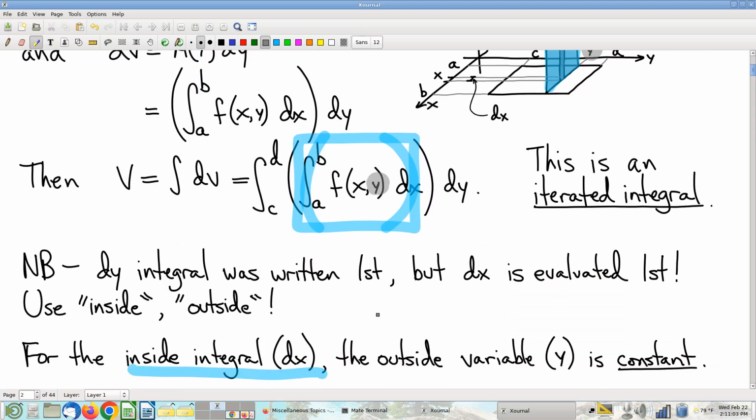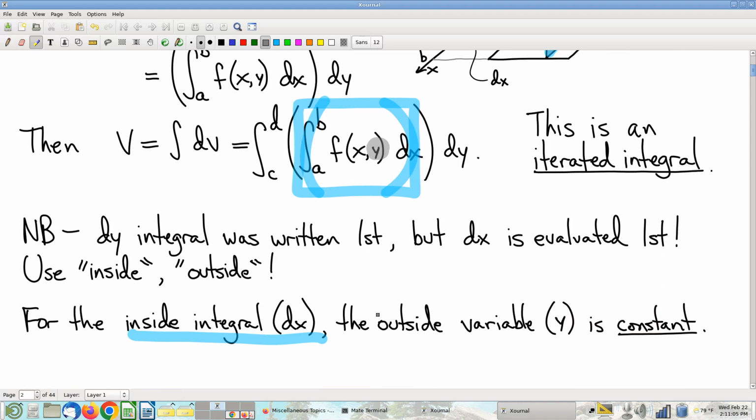Notice that y is the outside variable. So the easy way to remember this is that however you do your cross sections, whichever order you do it, you can switch the order, by the way. We'll talk about that in a moment. It's always the case that for the inside integral, the outside variable must be treated as a constant.